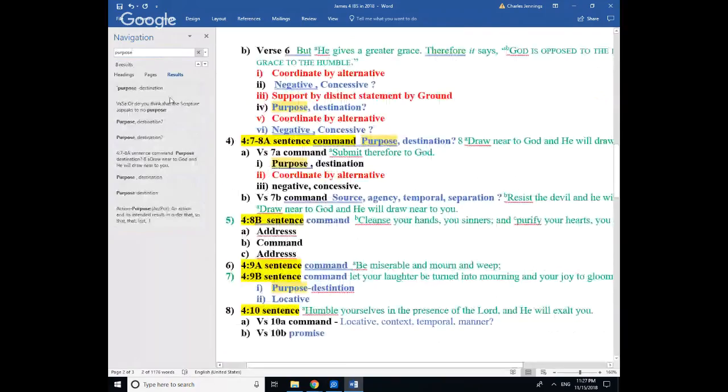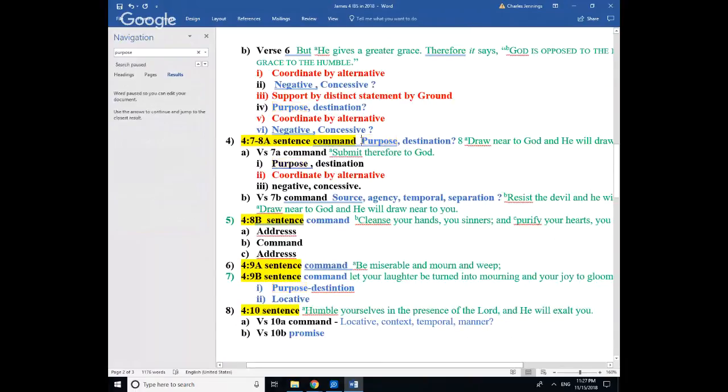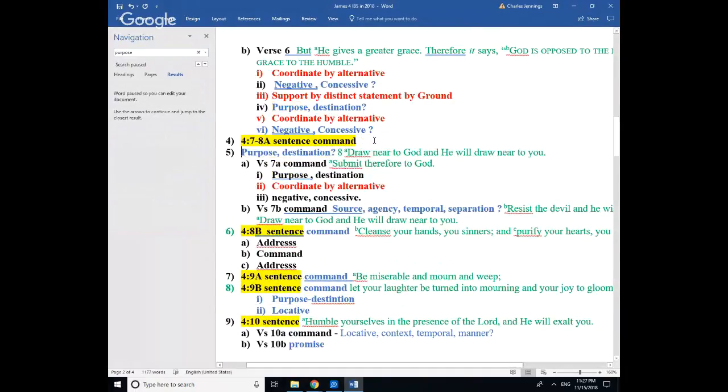Purpose. Okay, here's the word purpose right here. I'm trying to think how I want to do this. Support by distinct statement, by purpose. Make it red.